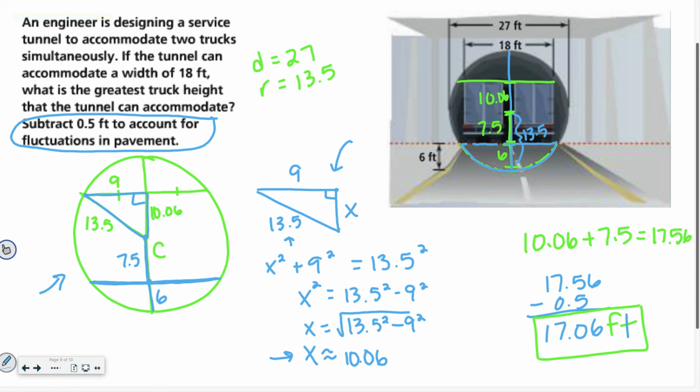So I could add these two distances because that's how tall the trucks could be. And that's where I got the 17.56. And then I subtracted the half foot in order to account for the fluctuations in the pavement. And so that gave me 17.06 feet for a maximum height.